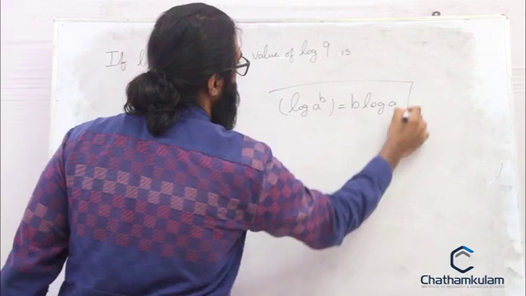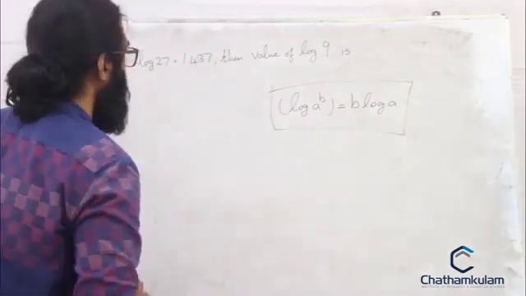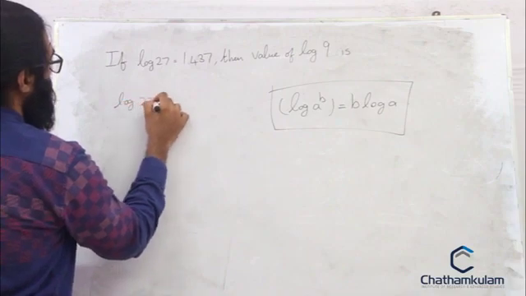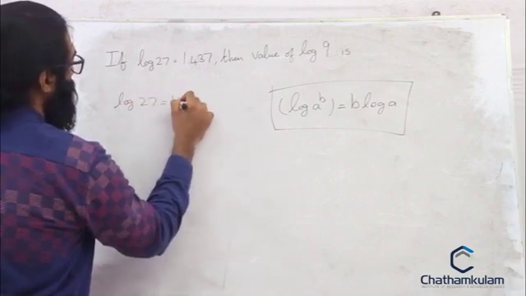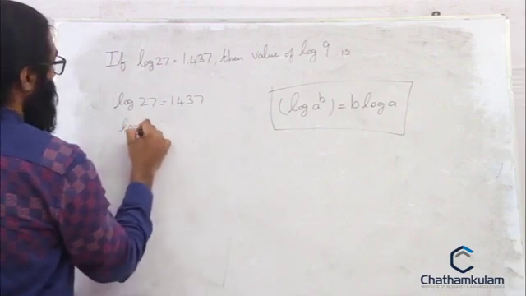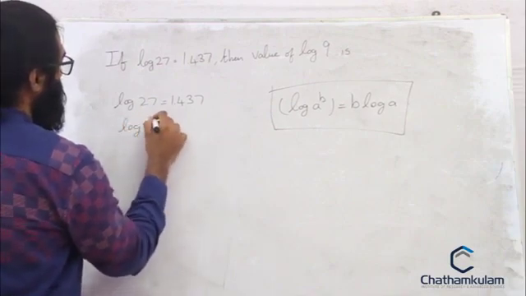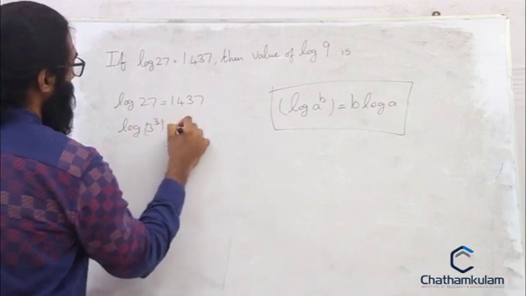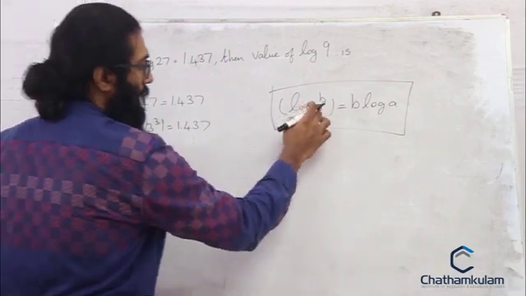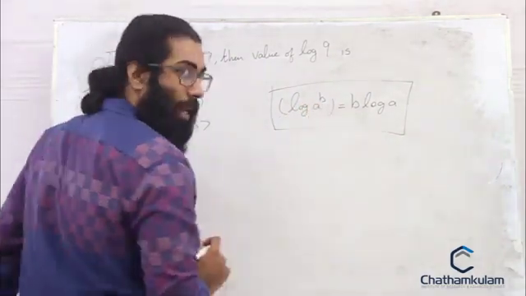This is the formula we are using here. We can write log 27 is equal to 1.437. That is, log 3 cube is equal to 1.437. So according to the formula, log A raised to B equals B log A, right?